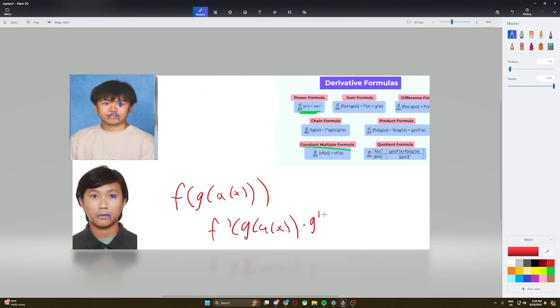Times g prime a of x times a prime of x. You understand now? Do you understand?